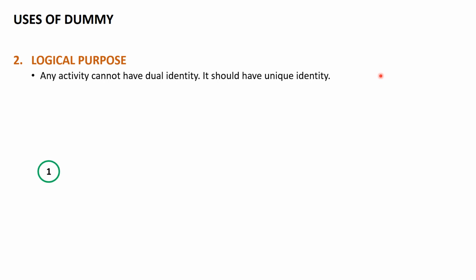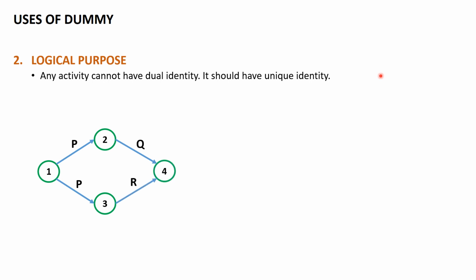We have an initial event, and we have an activity denoted as P, and then activities Q and R. In this example, we can see activity Q has a predecessor activity P, and again activity R also has a predecessor activity P, right?